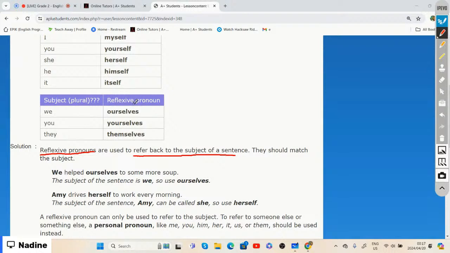So if we make mention of ourselves, then it needs to match back to "we." If we use the reflexive pronoun yourself, then it needs to refer back to "you." So it needs to refer back to the subject of the sentence, whether it is a singular or plural subject, and they need to match the specific subject.